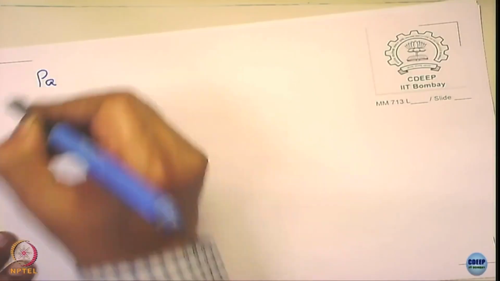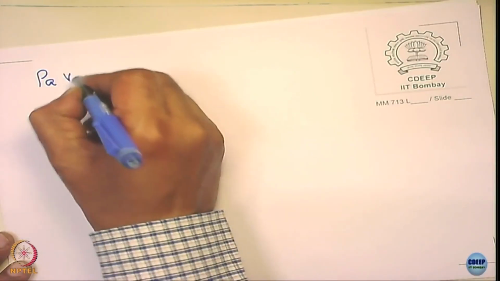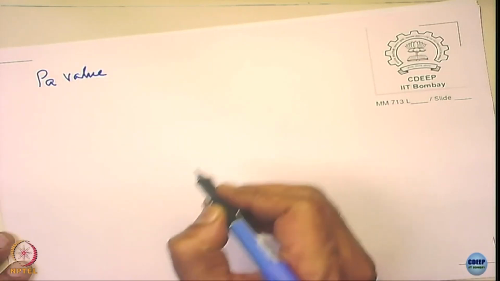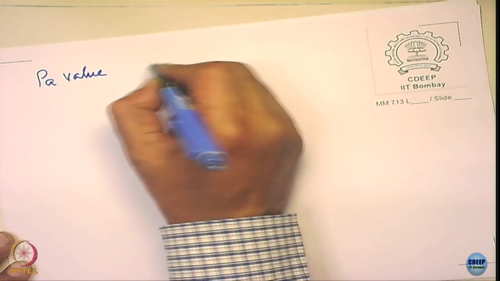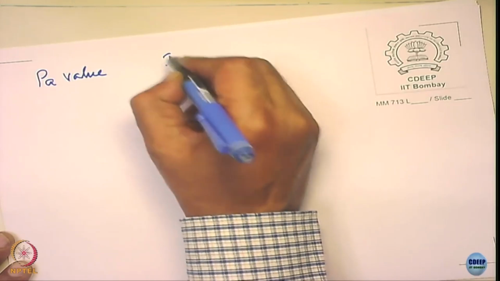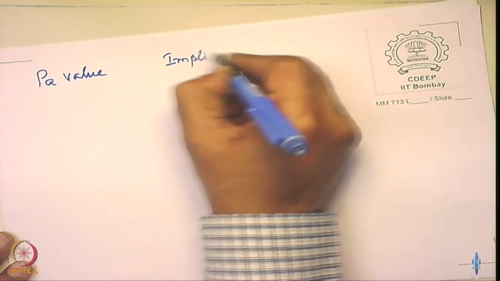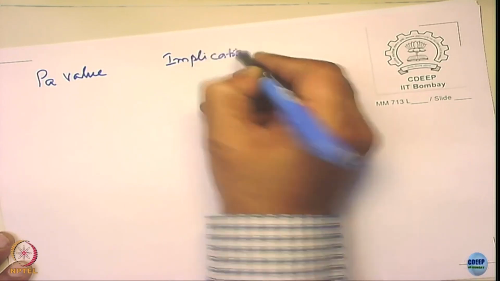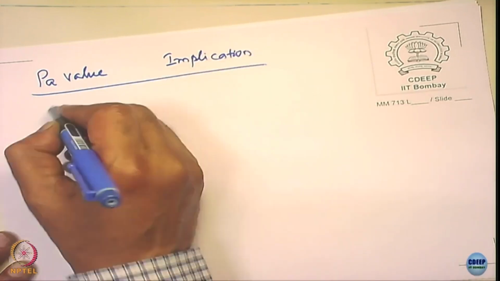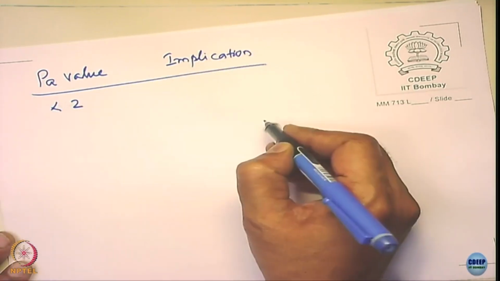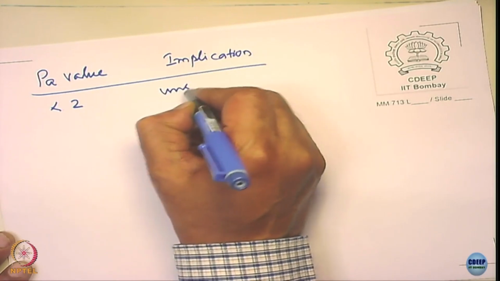Now, people use this technique for qualifying materials in the nuclear industries, and I will give you some indication of the Pa values and their interpretations. If Pa is less than 2, unsensitized.